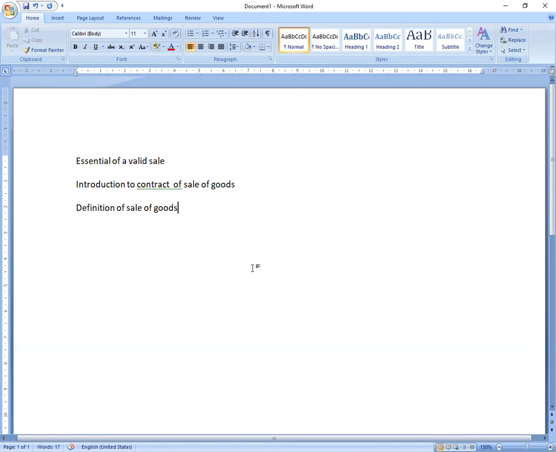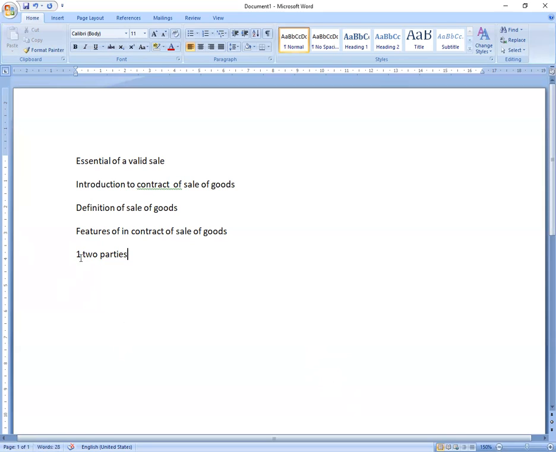Next, the features of a contract of sale of goods. The following are some essential features. First, two parties.